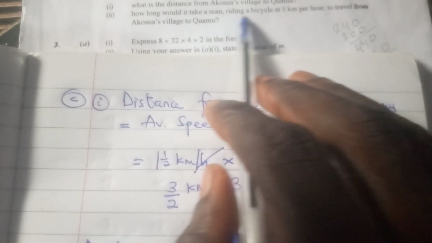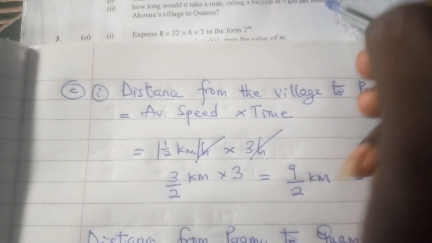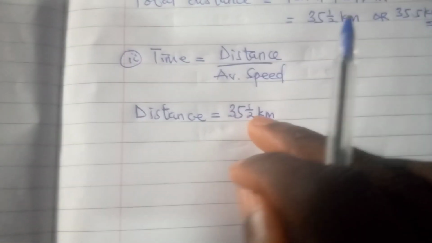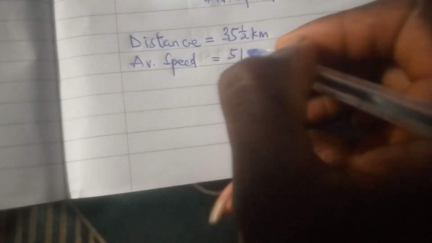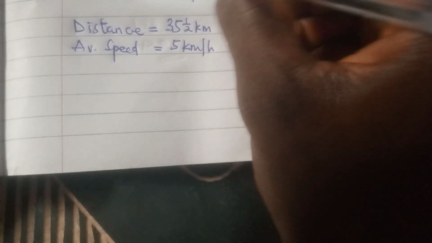So now they are asking, how long will it take a man riding a bicycle at 5 kilometers per hour? So the distance is constant. This is the distance. Now the average speed has been given from the question as 5 kilometers per hour. So if I want time, I'm just going to substitute.